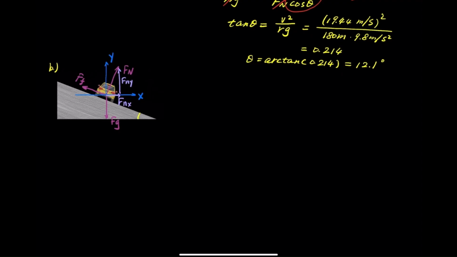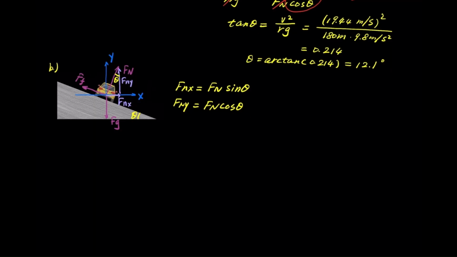This angle is theta, and this angle is theta. So Fnx is the opposite side of the angle theta, Fn sine theta. And the vertical component, Fny, is Fn cosine theta. Fny is the adjacent side of the angle, right?